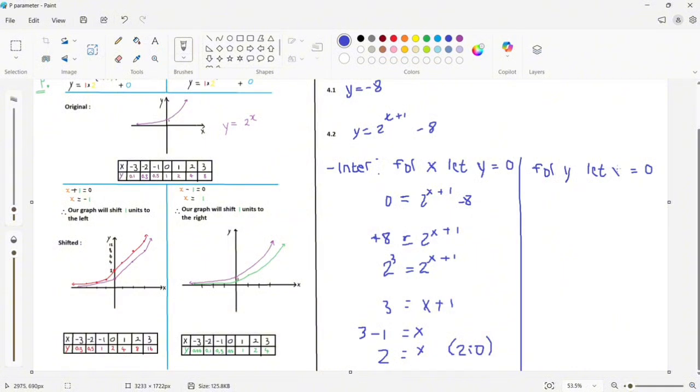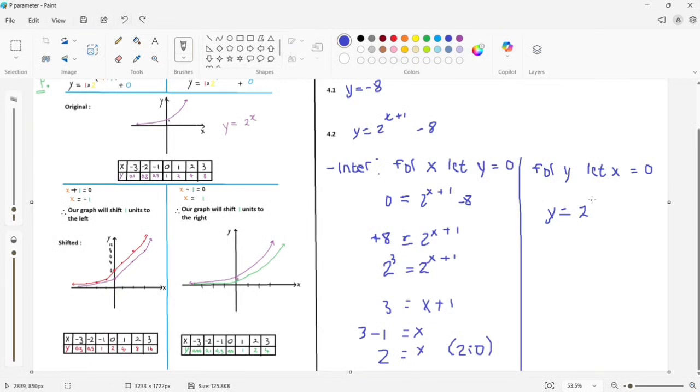For the y-intercept, let x be equal to 0. This works because there's the p now, the value of the p. Remember I said that an exponential function sometimes only has the y-intercept. The reason it sometimes has two intercepts is because there is the value of the p. So whenever there's a p, there are going to be two intercepts.